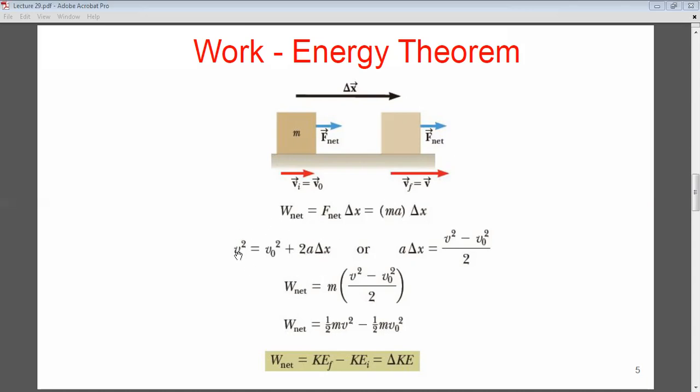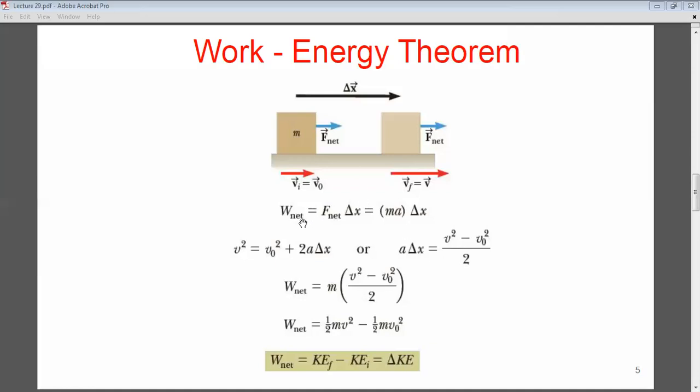From this formula, if I take v initial square to the other side, I will have a delta x is equal to (v square minus v initial square) divided by 2.